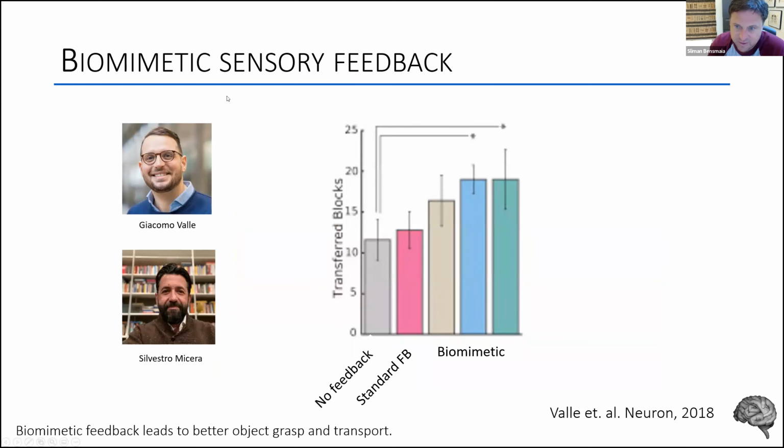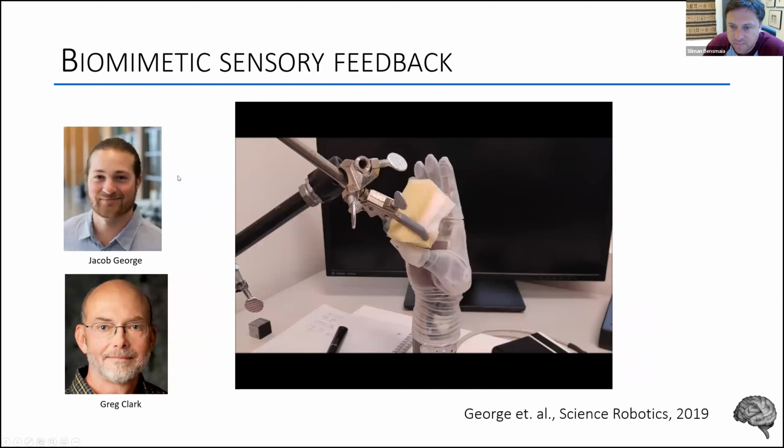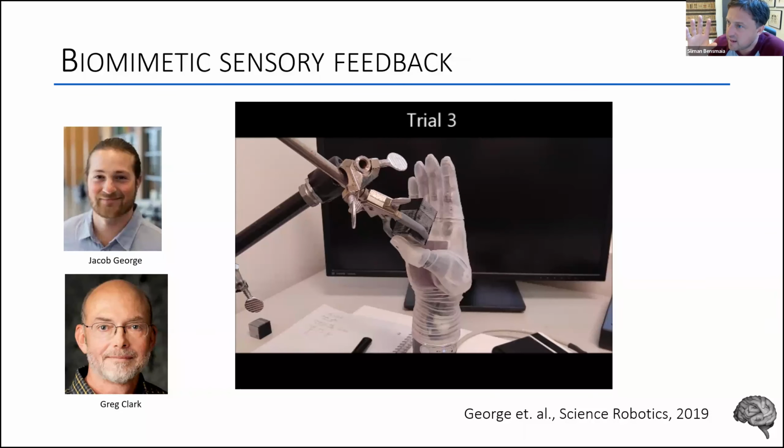And right, so this is what this shows. And then another colleague of mine, Greg Clark at the University of Utah, was able to reproduce that task that I just showed you, but did another one where he had subjects discriminate the compliance of objects. Obviously, they couldn't see the object, and they had to squeeze the object with the bionic hand. So they had to identify various levels of compliance of the object with the standard feedback and with the biomimetic feedback.